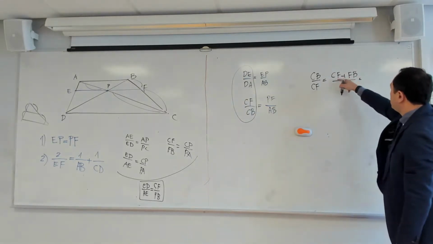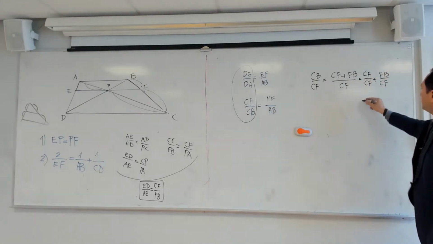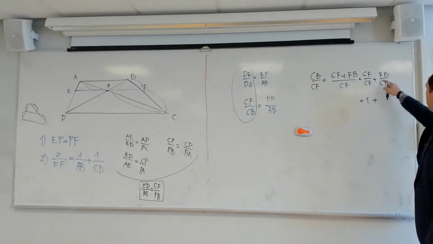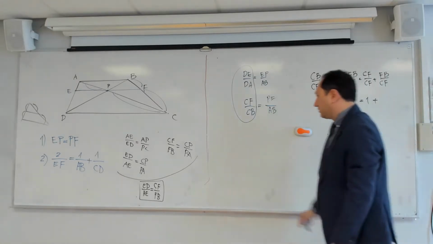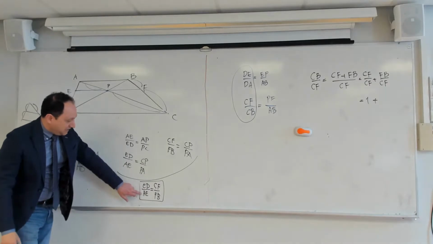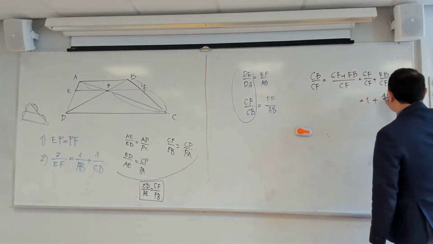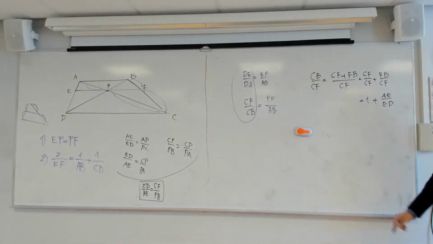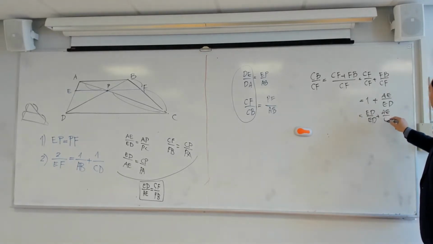Then I can write CF over CF plus FB over CF. But CF over CF is just 1, plus, instead of FB over CF, what can I write? FB over CF is AE over ED. And then instead of 1, the trick is to write ED over ED plus AE over ED.